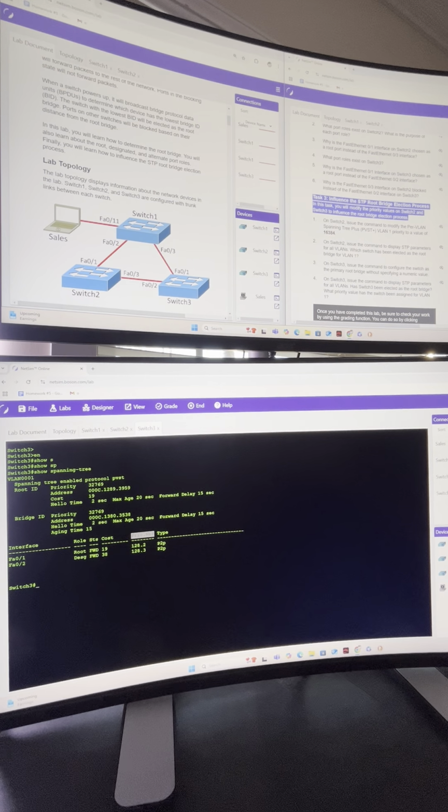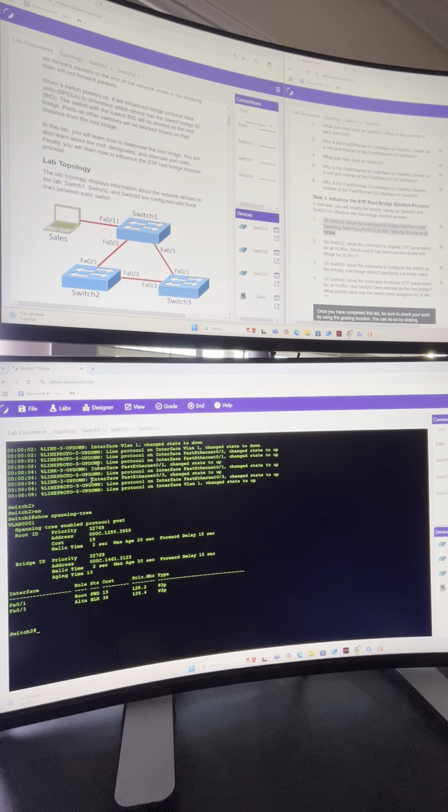It says in this task, you will modify the priority values on switch 2 and switch 3 to influence the root bridge election process. So right here it says on switch 2, issue the command to modify the per-VLAN spanning tree plus (PVST+) VLAN 1 priority to a value of 16,384.